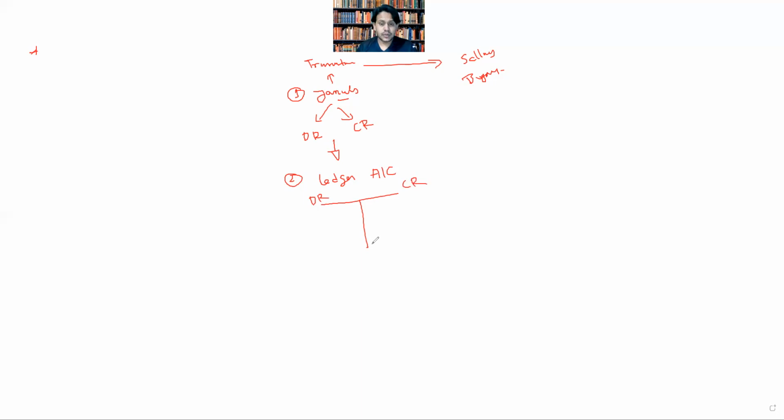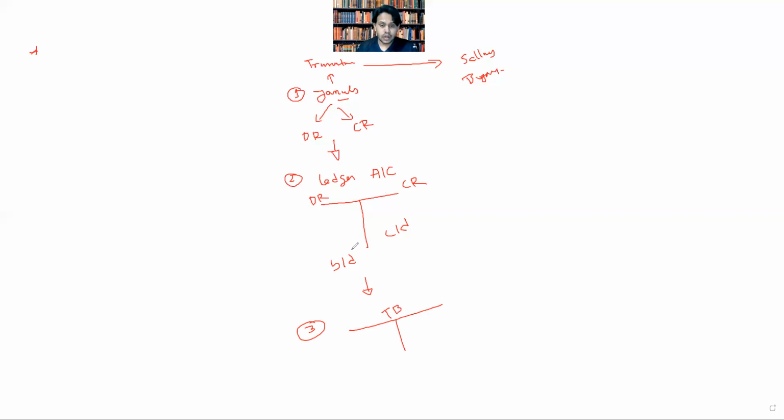And this ledger account will have a balance CD and balance BD. After that, by using this ledger account, on step number three, we prepare the trial balance, the TB. And on the trial balance, we only say what is debit and what is credit.